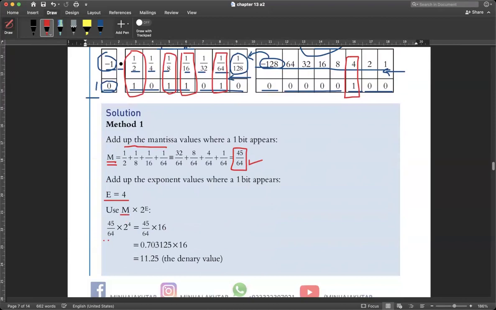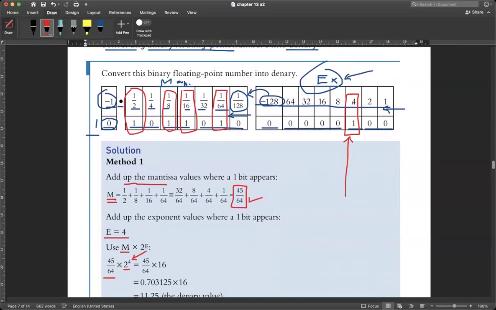What is the mantissa value? 45 over 64, into 2. What is the value of exponent, guys? 4. Look here, it's 4. Isn't it?